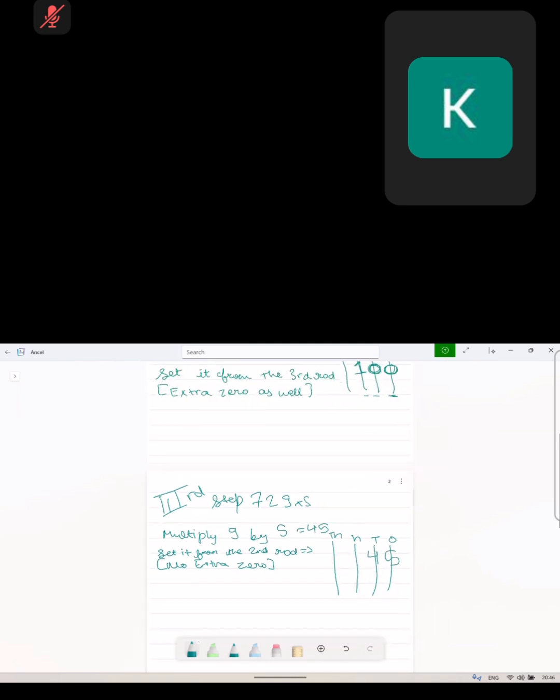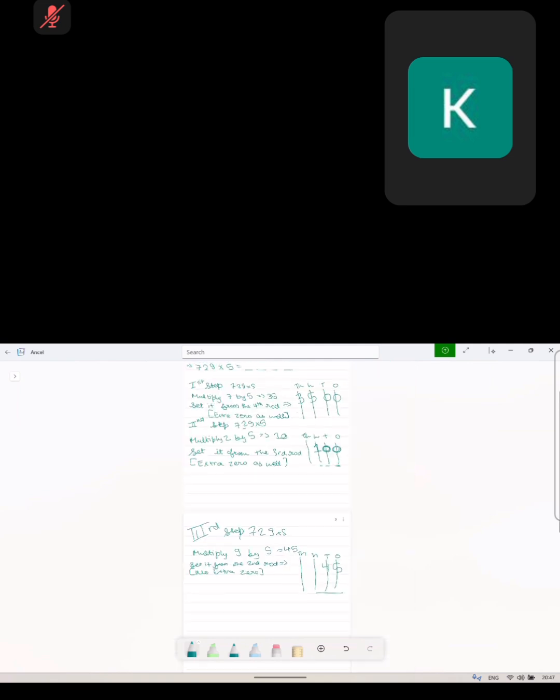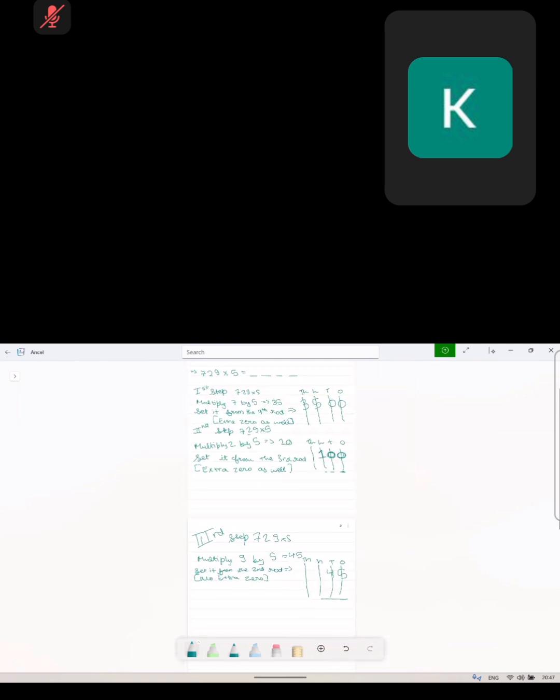Okay. So now what I've written here as the third step. The third step is to multiply 9 by 5. The answer will be 45. So we've set it from the second rod. Now here add one more point.